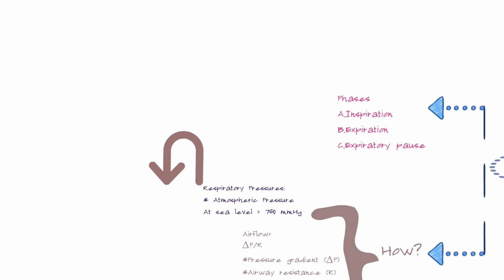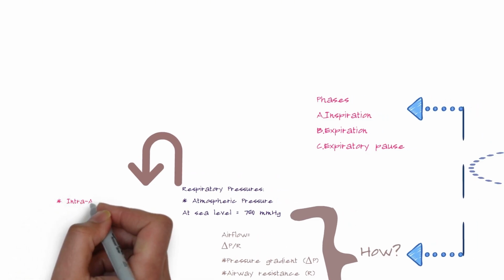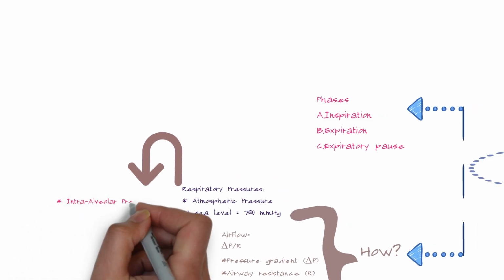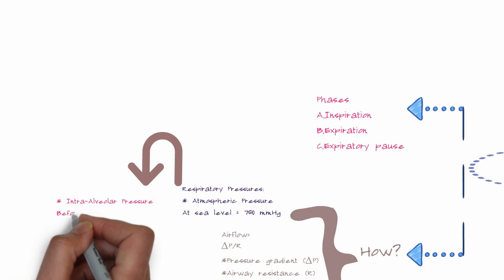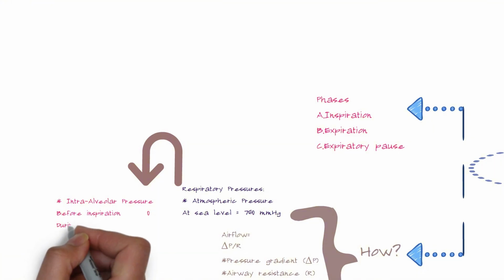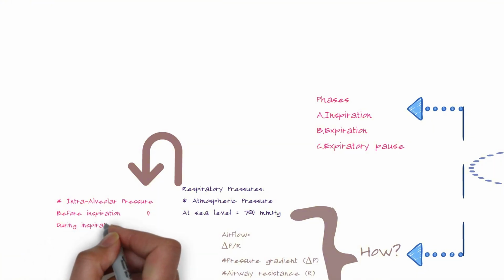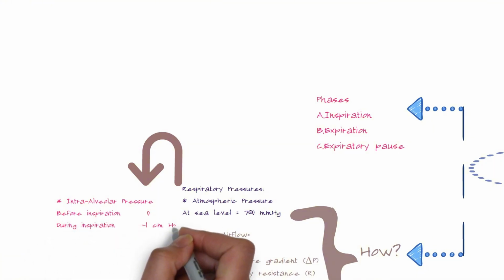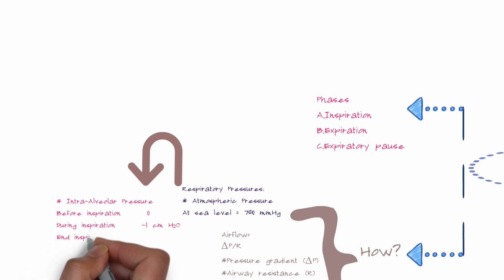Let's move to the alveolar pressure, which is expressed in relation to the atmospheric. If it's equal to the atmosphere, it's 0. If it's higher than the atmosphere, it's positive. If it's lower than the atmosphere, it's negative. It's always 0 except during inspiration, when it is -1, and during expiration, when it is +1.